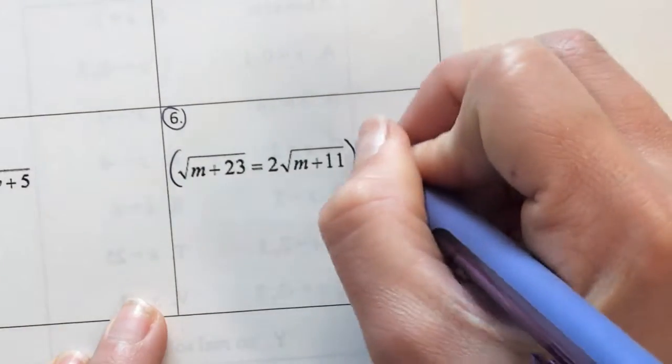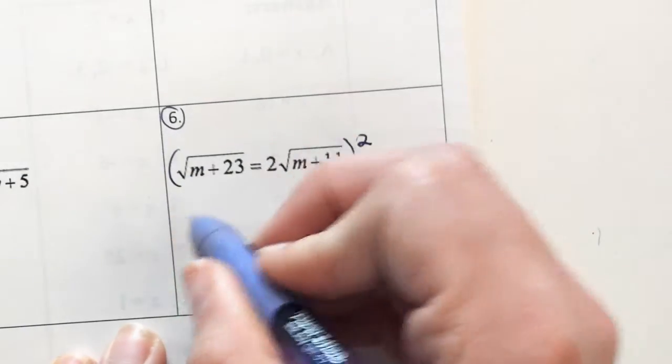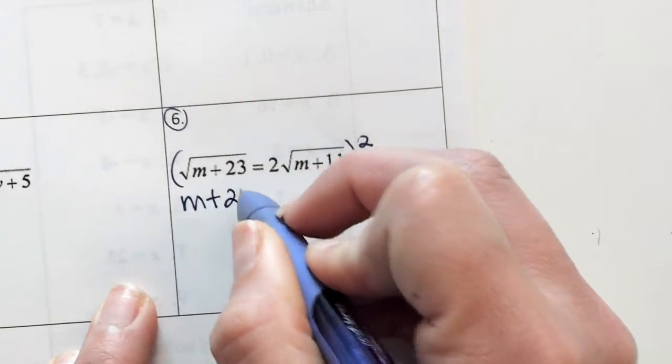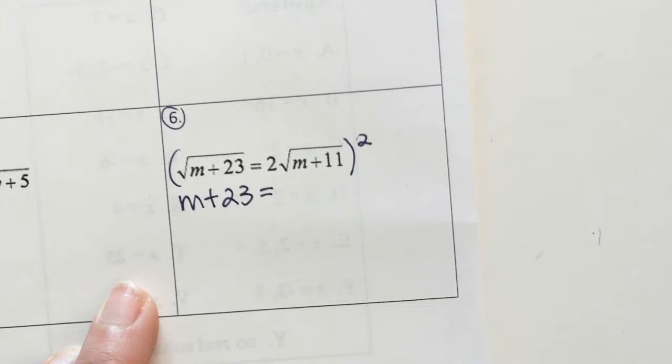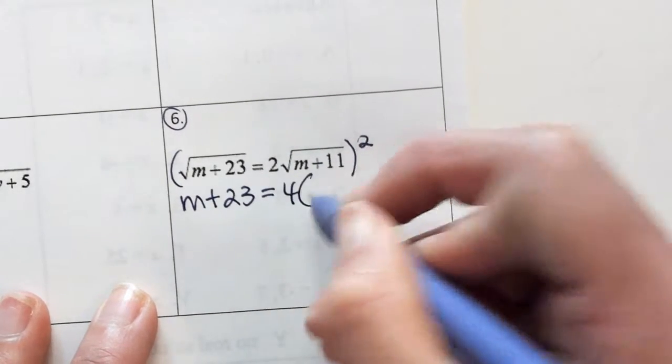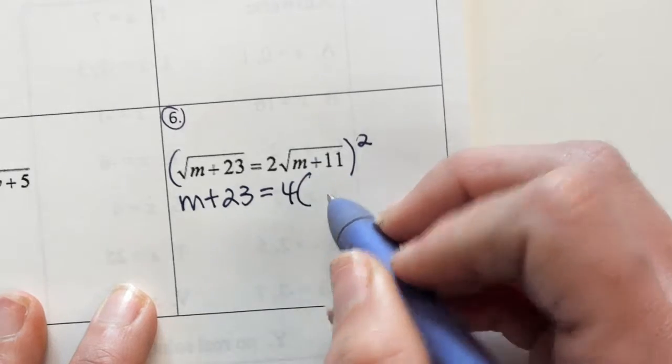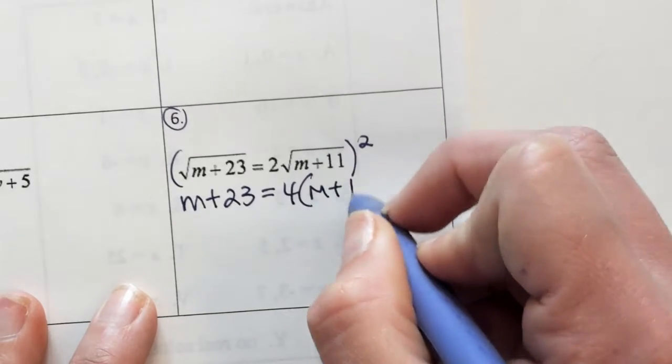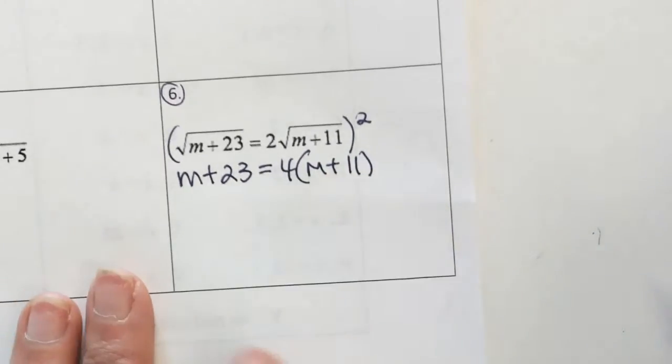Very good. What am I going to have on the left side? All right, on this side? Good. Where'd you get 4 from? 2 squared is 4. What about when I square m plus 11? Just get m plus 11, no radical, correct?